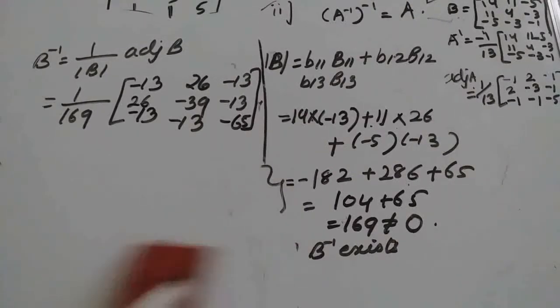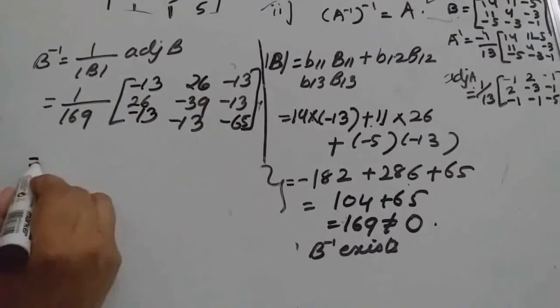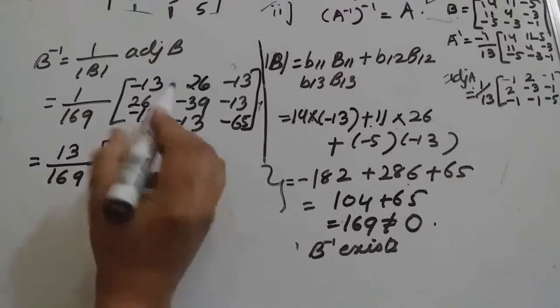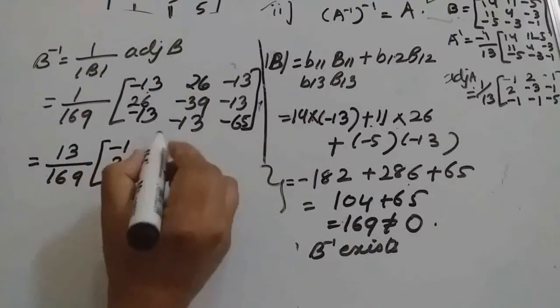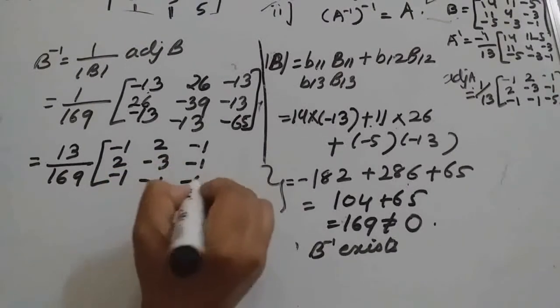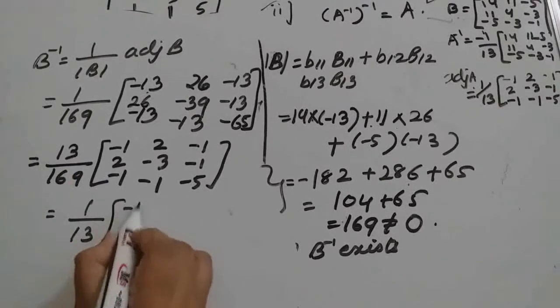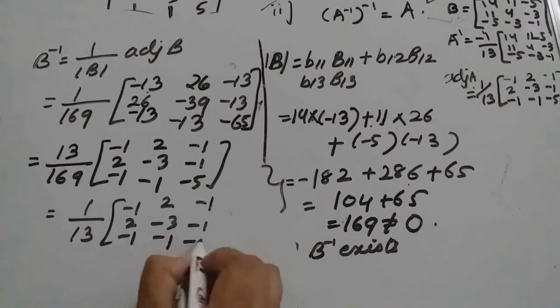Now if we take 13 common from the matrix, so here minus 1, 2, minus 1, here 2, minus 3, minus 1, minus 1, minus 1, minus 5, this will give 1 by 13 times minus 1, 2, minus 1, 2, minus 3, minus 1, minus 1, minus 1, minus 5.